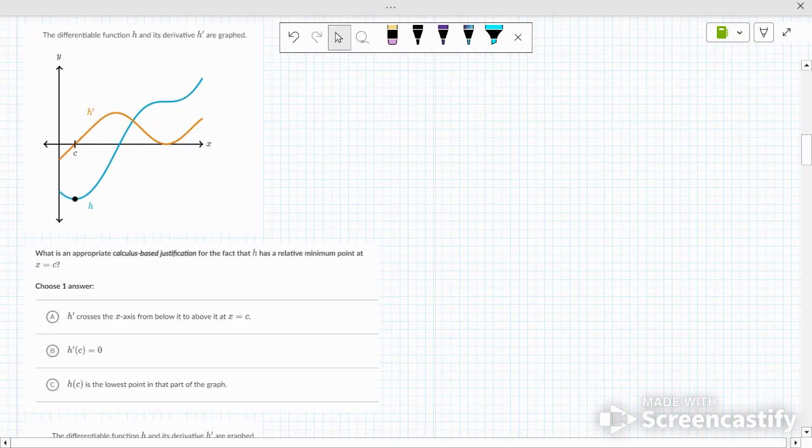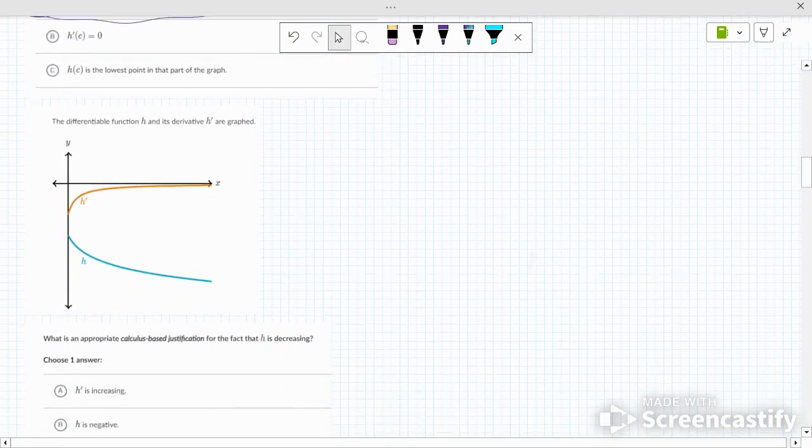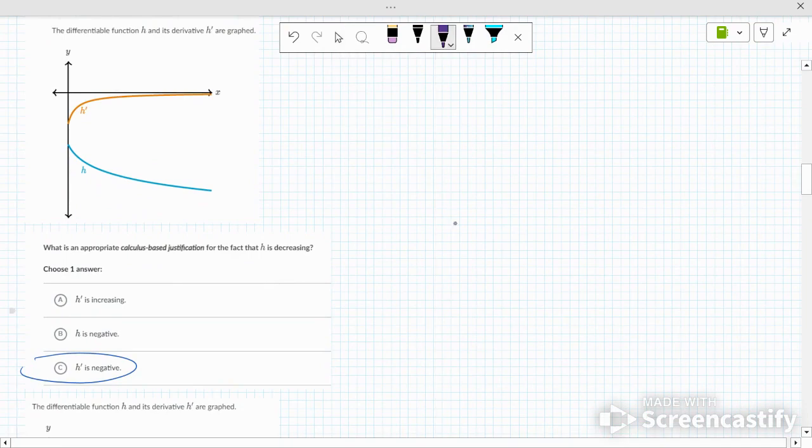What's the appropriate calculus-based definition on why h has a relative minimum at x equals c? Why does that have a relative minimum there? Because we are crossing the x-axis, and it's right below it, okay? What's the appropriate calculus-based definition why h is decreasing?